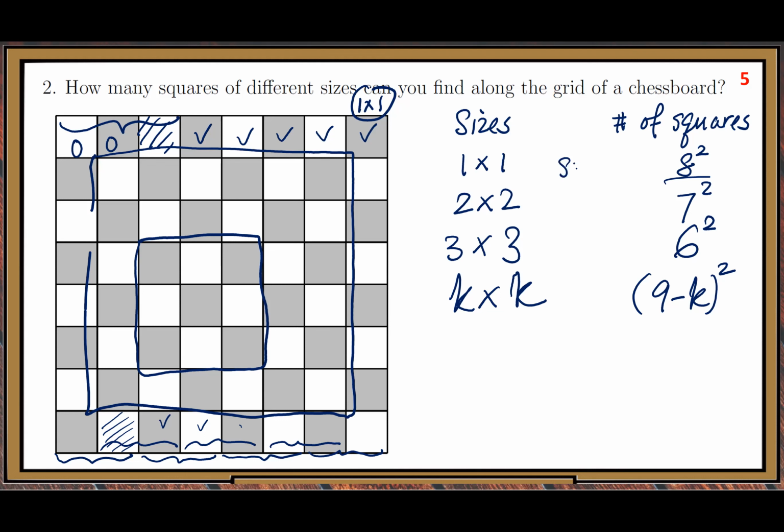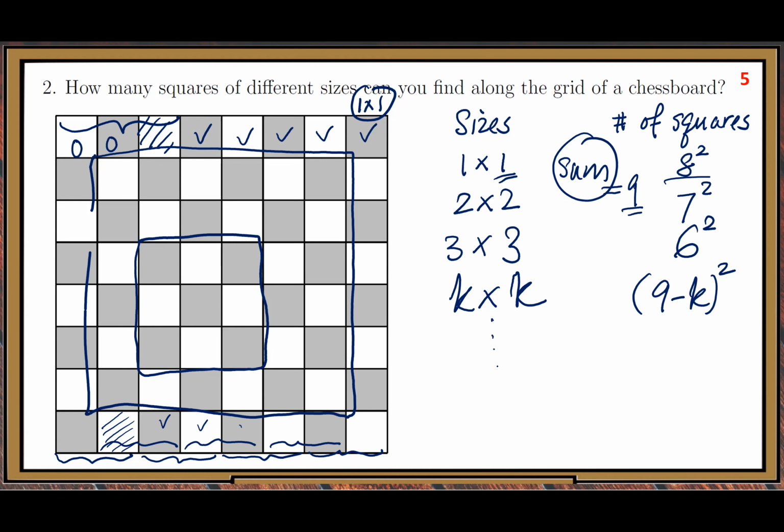Take the sum of the size and the base number of that square. What's that sum? The sum equals 9, right? The sum is always fixed, always 9. So k by k here, 9 minus k squared, and so on.